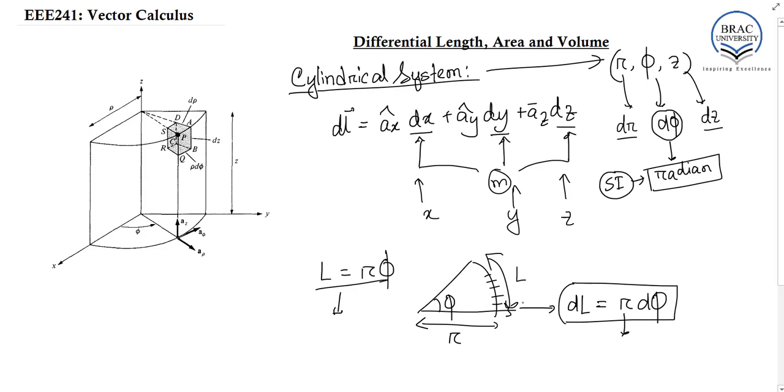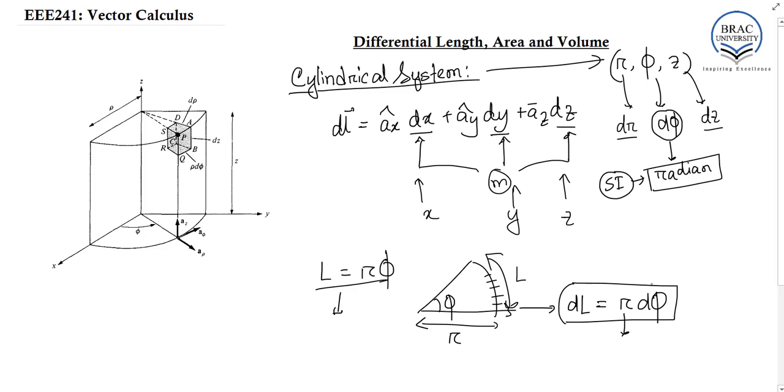All right. As phi changes, the corresponding arc length that is covered is changing, and the whole thing depends on the radius that we're on. So when we're dealing with the cylindrical system, we simply do not write a phi d phi.